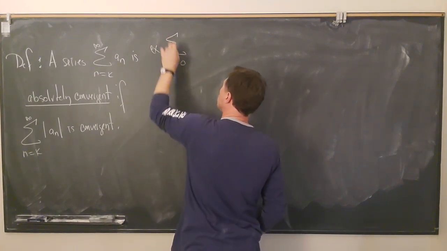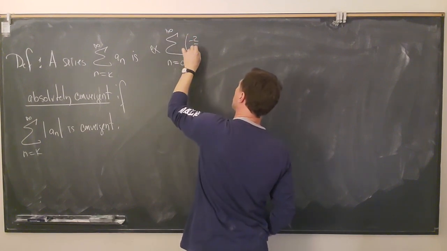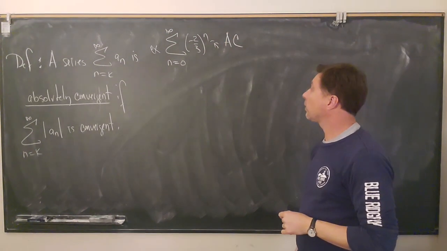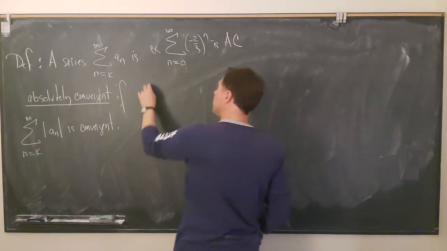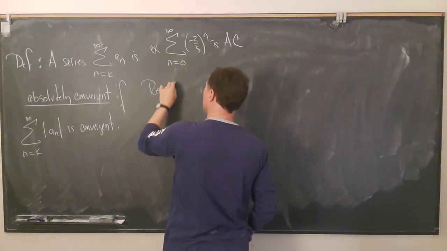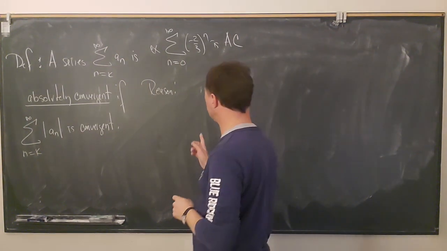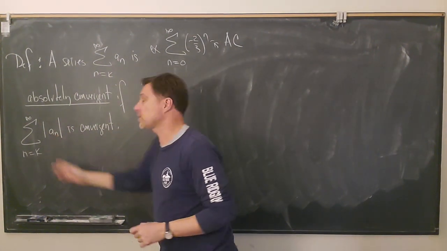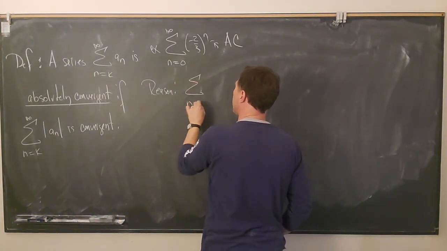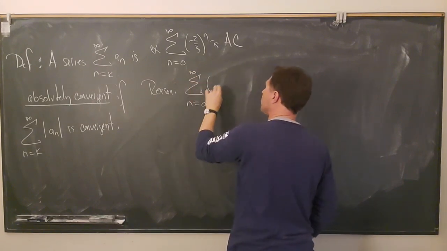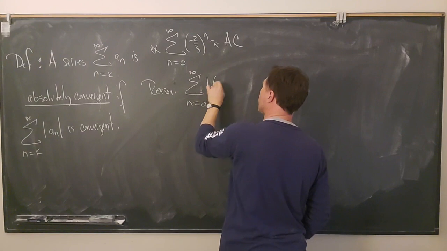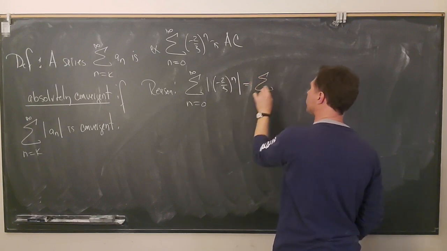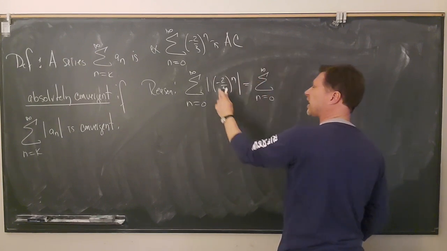sum n equals 0 to infinity of minus 2/3 to the n is, and I usually abbreviate absolute convergence with an AC, right? So this series is absolutely convergent, and the reason, so what am I supposed to do? I want to take my series, put absolute value bars in. So if I look at the sum n equals 0 to infinity of absolute value, negative 2/3 raised to the n, I'm just going to get rid of that minus sign right there.